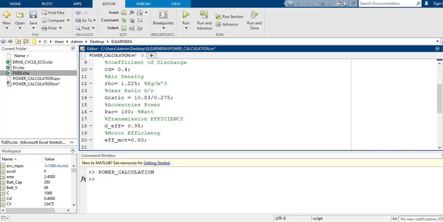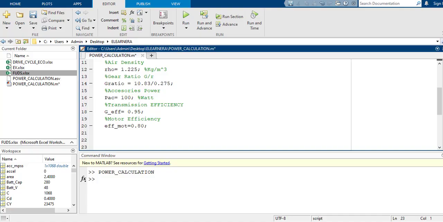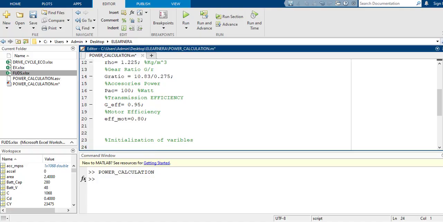Then now for initialization of the variables, we are putting all the variables into one matrix form. So for initialization of variables, that is the end, meaning distance at the end is zeros.